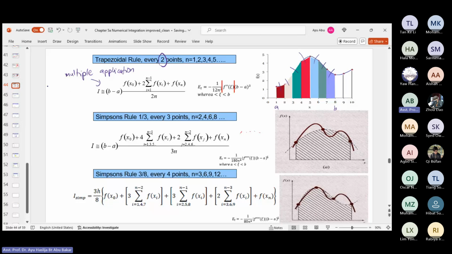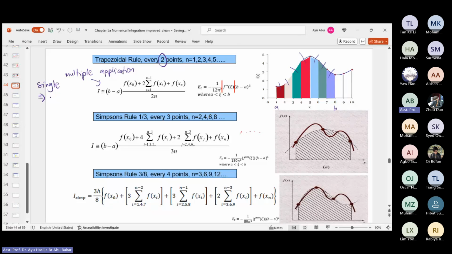Okay, if single segment, what is the equation? Still remember? Single trapezoid. Can someone share the equation?